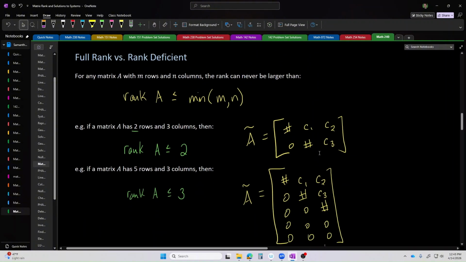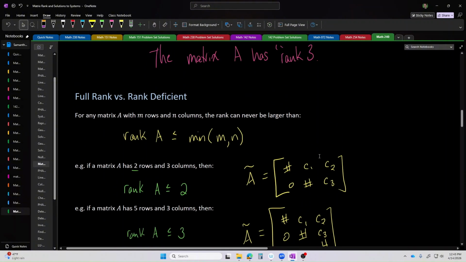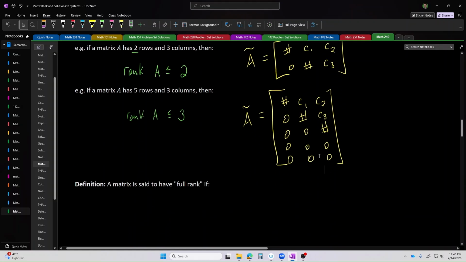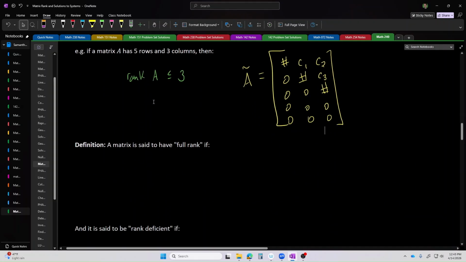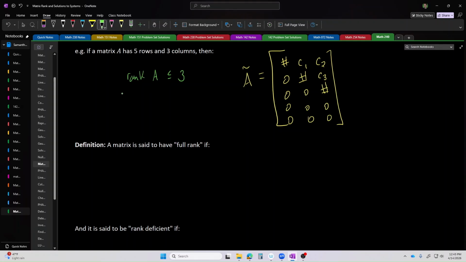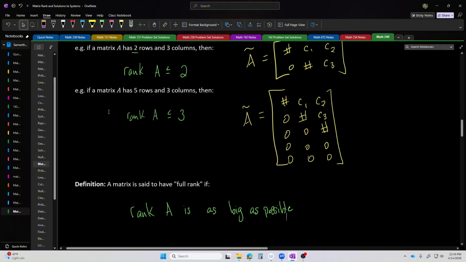So when we talk about a matrix being full rank, that means that you have as many pivots as you possibly can. The rank of A for a full rank matrix is as big as possible. So in the case of a matrix with 3 rows and 3 columns, full rank would be that your matrix has a rank of exactly 3.